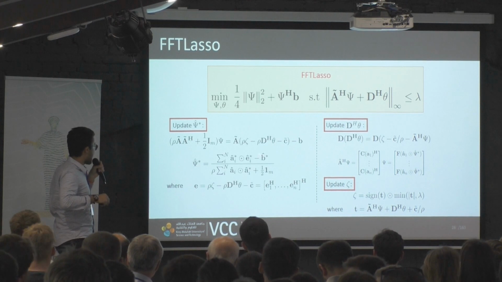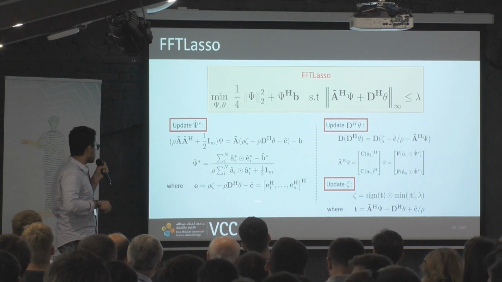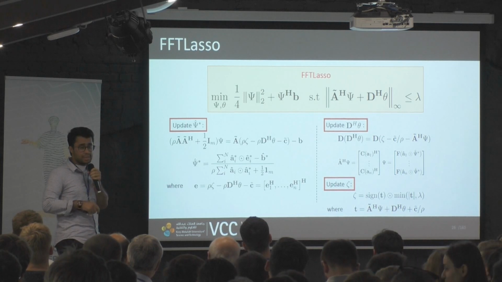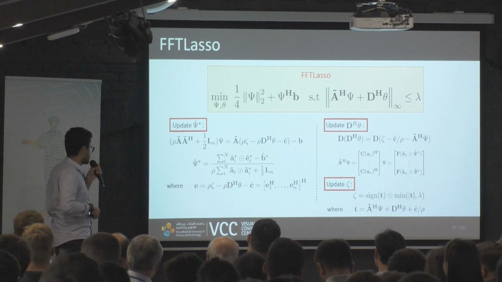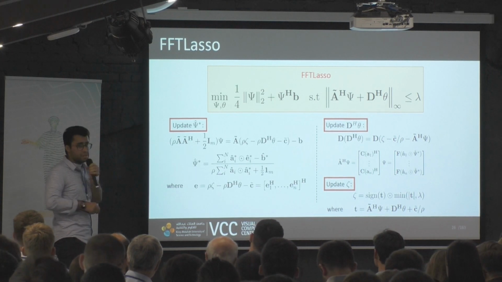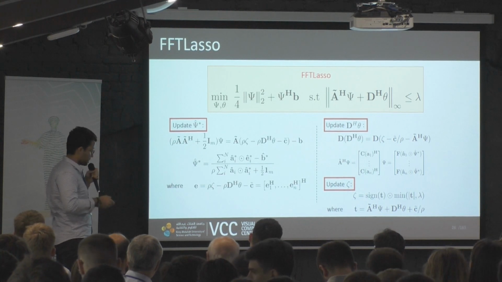So whenever you see a hat, that's the Fourier transform of that vector. And the complexity is as fast as you can compute Fourier transforms, which is n log n if the dimensionality of the vector is n. And all the operations here are element-wise, which tells you something about how easy it can be to parallelize.